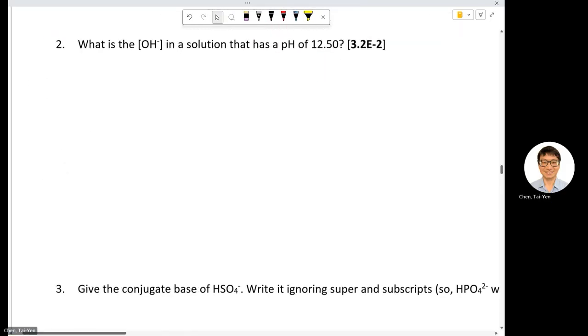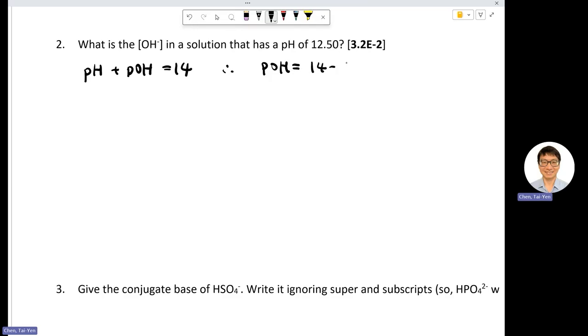Question number 2. What is the OH minus concentration in a solution that has a pH of 12.50? This question is testing whether you know the definition of pH and pOH. I know pH plus pOH equals 14. Therefore, my pOH equals 14 minus my pH of 12.5, which gives a value of 1.5.